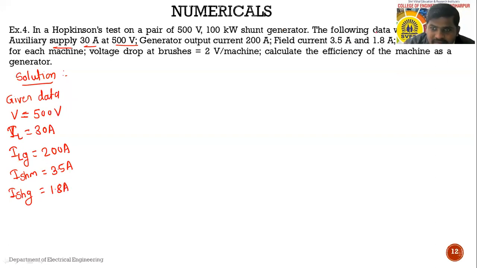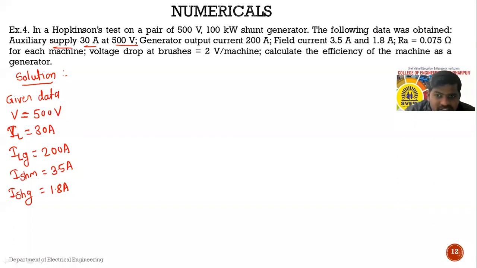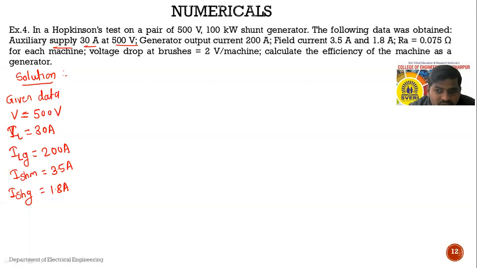Okay, then RA of each machine, that means armature resistance of each machine, is also given. So RA, armature resistance, is equal to 0.075 ohm. Voltage drop at brush is equal to 2 volt per machine.